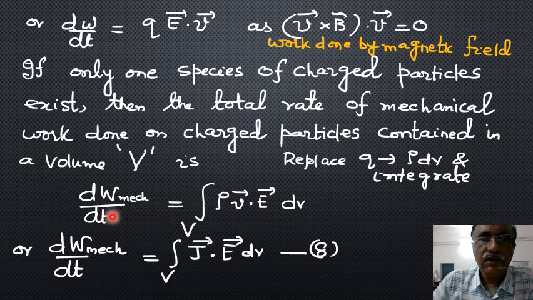So dW mechanical by dt is the volume integral of rho dV into E dot v, and if we arrange the terms, we get rho v dot E dV, and rho v is the current density. So dW mechanical by dt is the volume integral of J dot E dV.